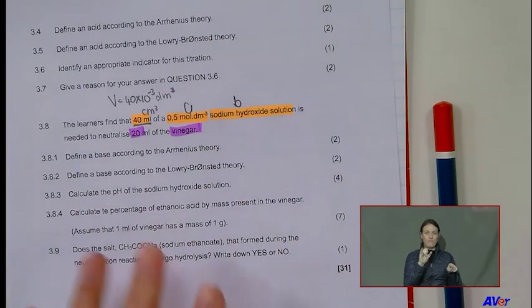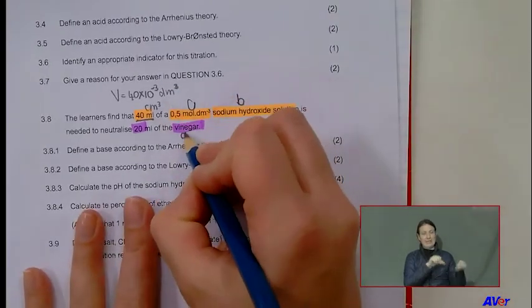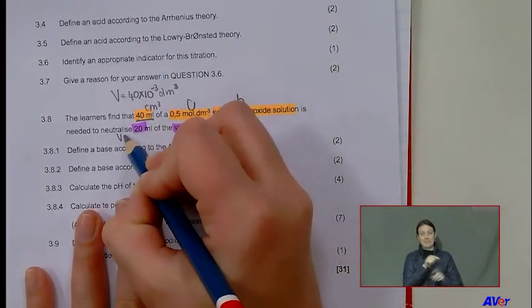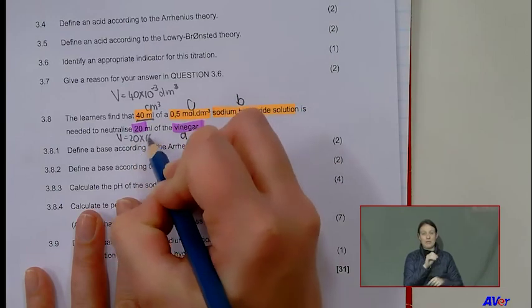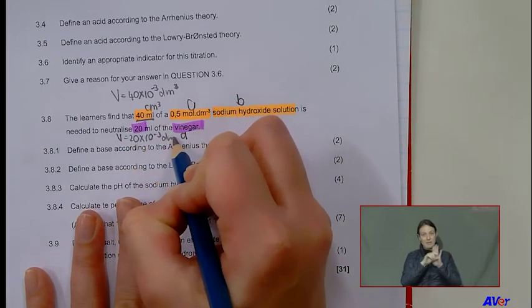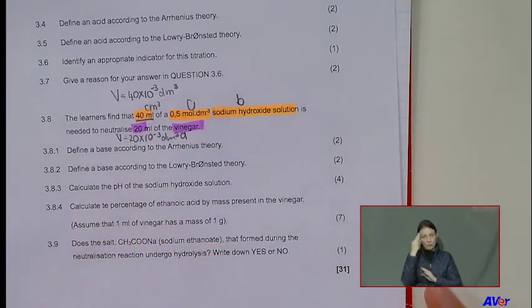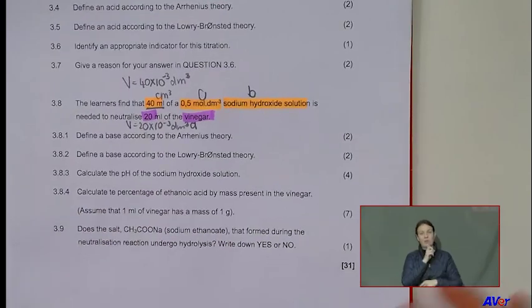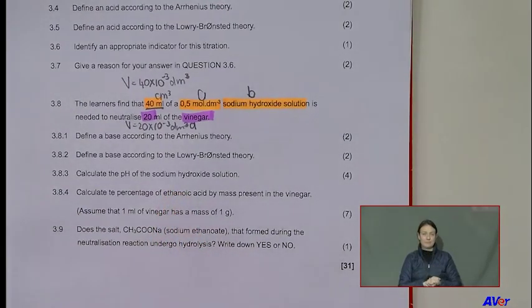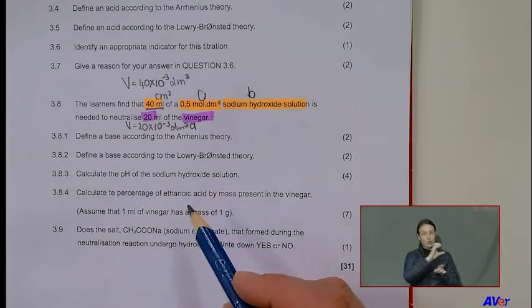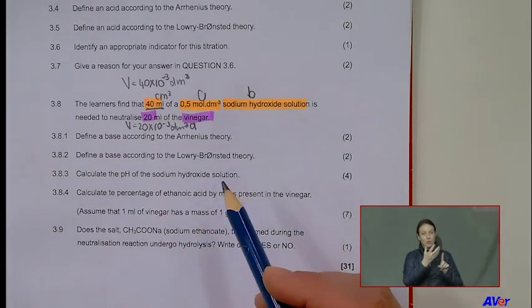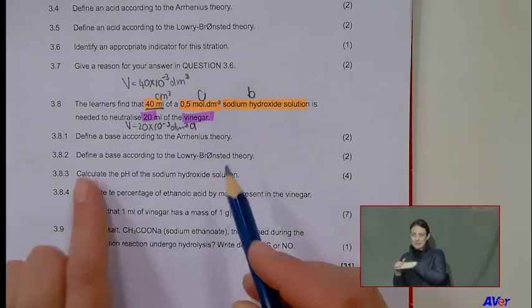The vinegar is the acid. And the volume is 20 times 10 to the power of negative 3 decimeters cubed, or just divide by 1,000. It is the same. So what I have is the concentration and the volume for the base, and I have the concentration for the acid.